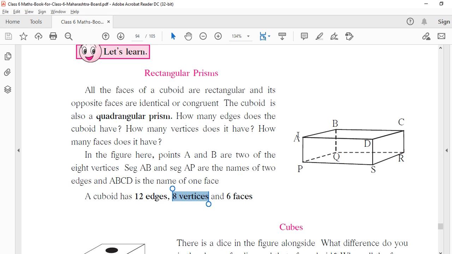Third is APQB. Fourth is BSRC. Fifth is ABCD, the upper one. And the last one is PQRS, which is the bottom face. I hope you understood this.